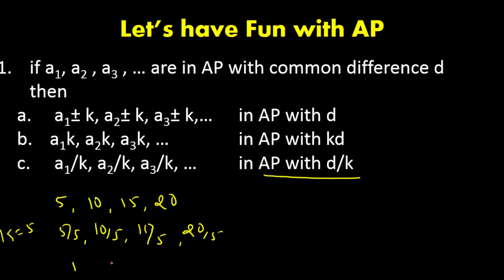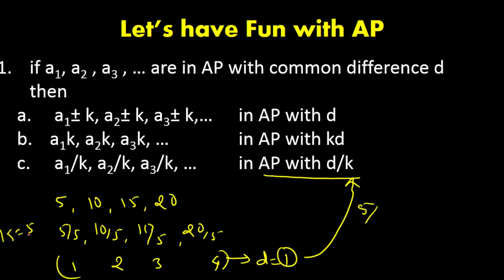Your answer is 1, 2, 3 and 4. This is my new sequence, which is again in AP, and the common difference is 1. How does this 1 come? Original d was 5, and the k you have taken is 5. So 5 by 5 is 1.